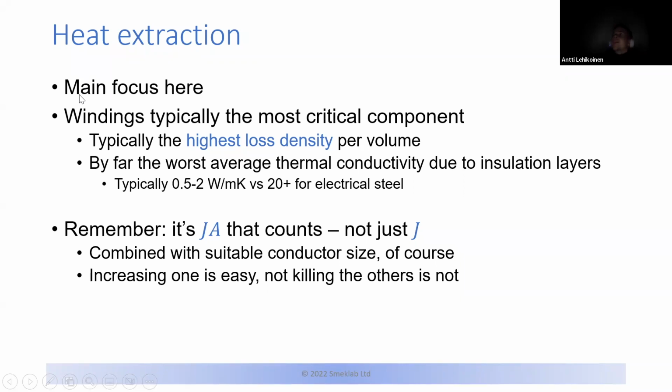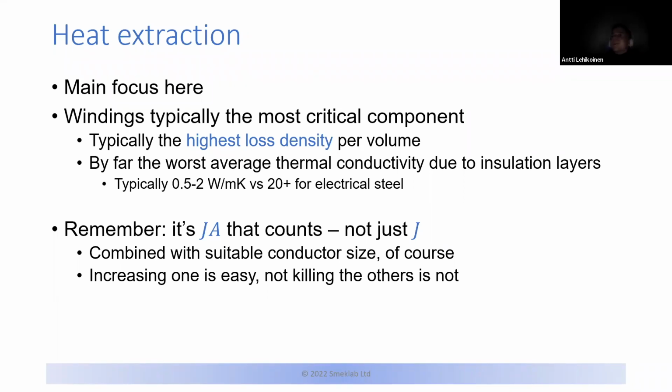And within that topic, our main focus will be the windings, because they are normally the most critical component. Normally, they have the highest loss density per volume. And additionally, the average or bulk thermal conductivity of the winding as a whole is very poor. It's bad. Copper, the conductor material, that's a good thermal conductor, yeah. But you have insulating material surrounding the copper.